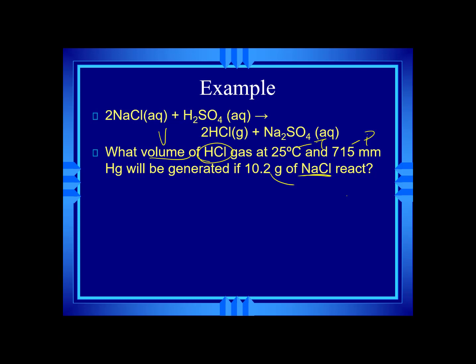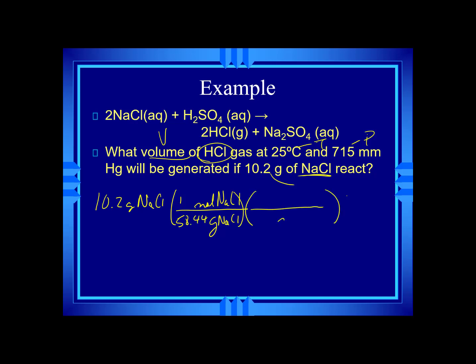So here I start off with the 10.2 grams of NaCl, the stuff they gave me. And I want to change chemicals, so I've got to go from grams of NaCl to moles of NaCl. 1 mole is 58.44 grams. And then I can go from moles of NaCl to moles of HCl.